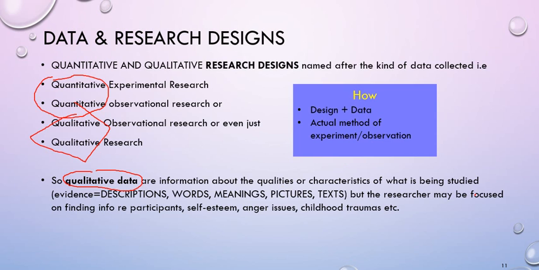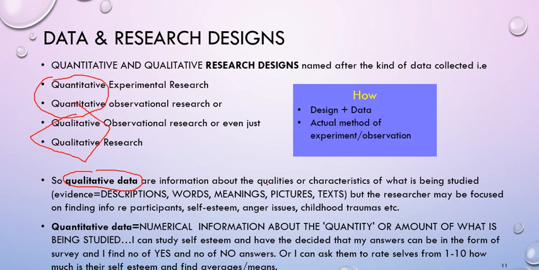So in this case, when the researcher is focusing on information about participants' past, about their self-esteem, anger issues, traumas in childhood, we want them to speak about how they feel and how they can interpret the situation. In other cases, I really need quantitative data and numerical information of what I'm studying. So, as I said before, how many times they say, my mother hurt me, I hate my mom.